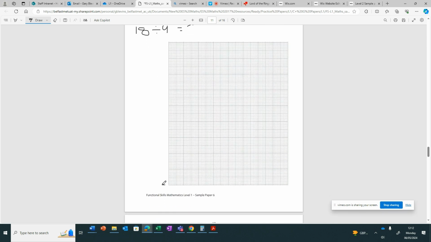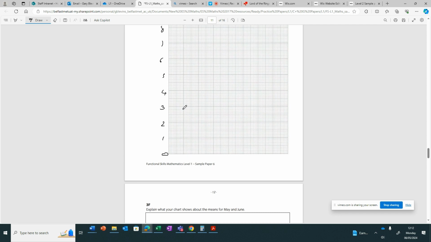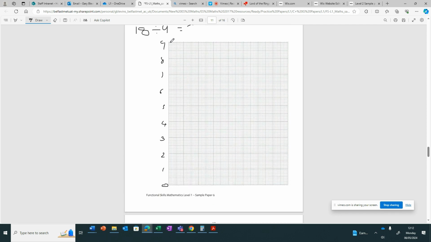So we'll just do a chart. Every 2 squares will go up by 1, I think. I think we'll make it, I hope. 5, 6, 7, 8, 9. Just made it. So 9 minutes for May.